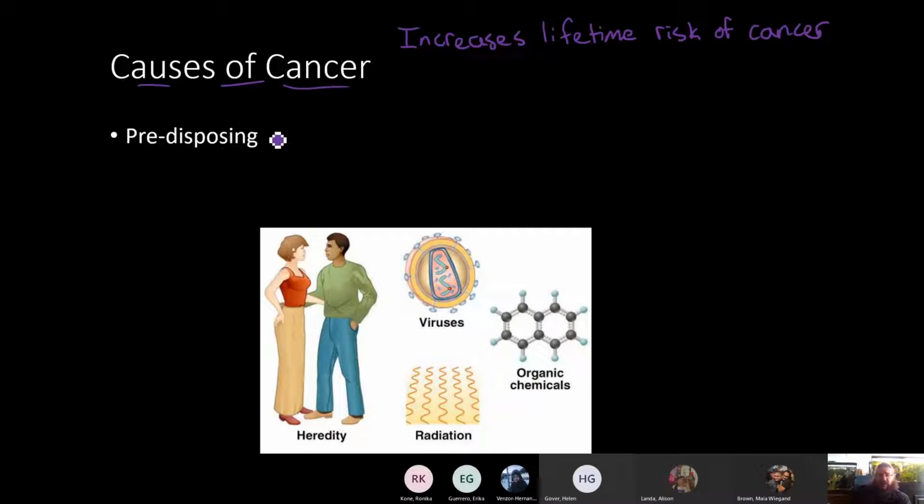So there are predisposing factors. These are generally genetic issues. So predisposing factors are genetic factors, hereditary factors.